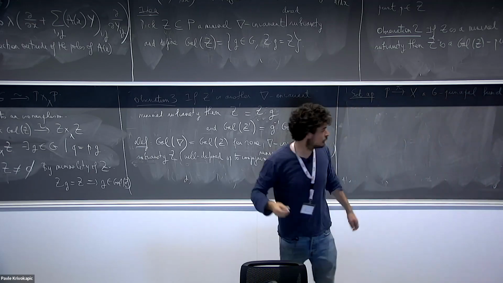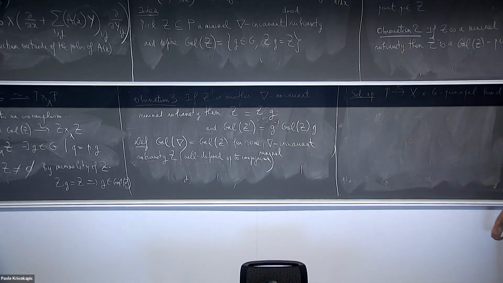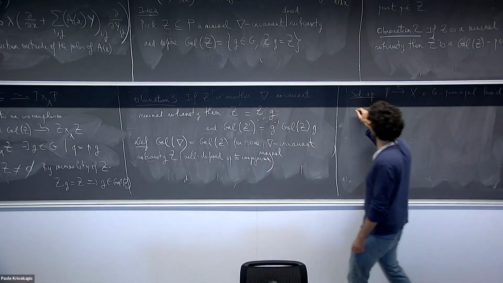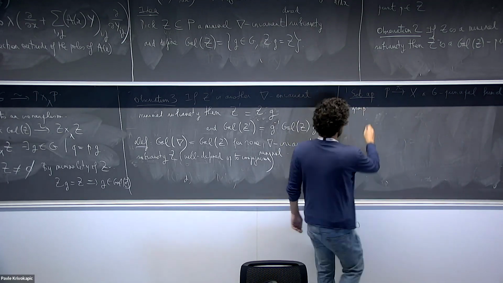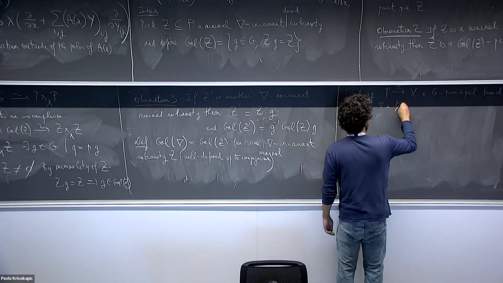I'm going to assume that G is a connected group, with delta a flat principal connection.